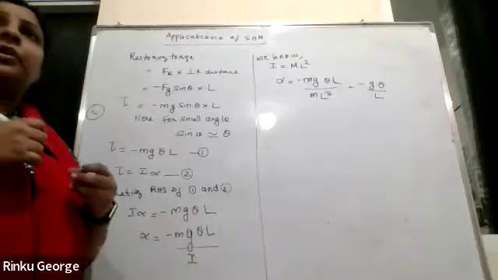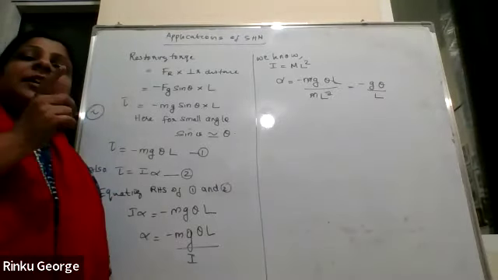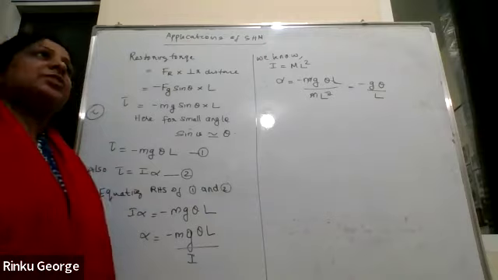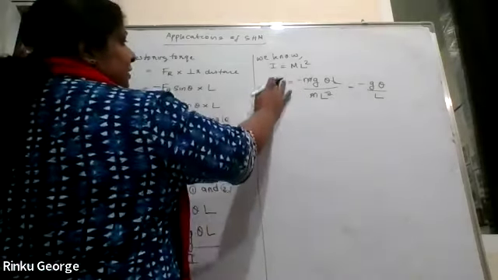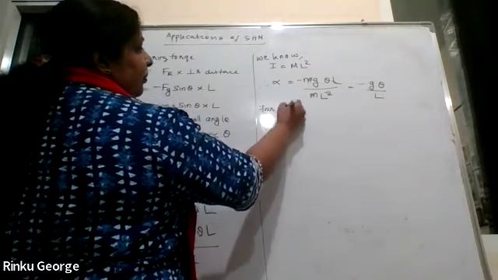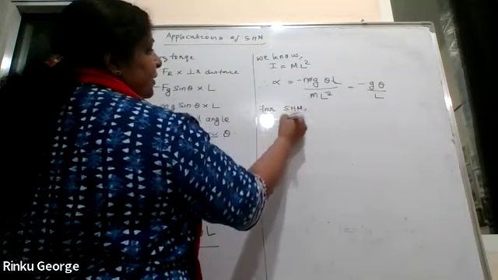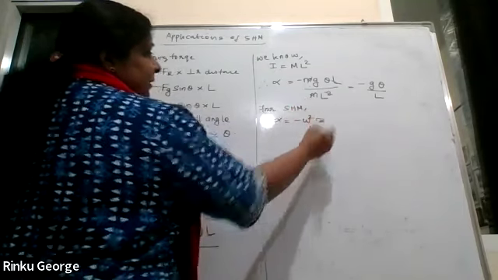Now, for SHM, check the parameters of SHM and tell me what is acceleration in SHM. Check your notes. For SHM, we found displacement, velocity, acceleration. For SHM, we have alpha is equal to minus omega square x.